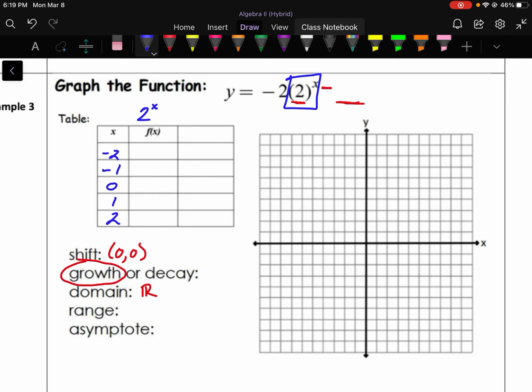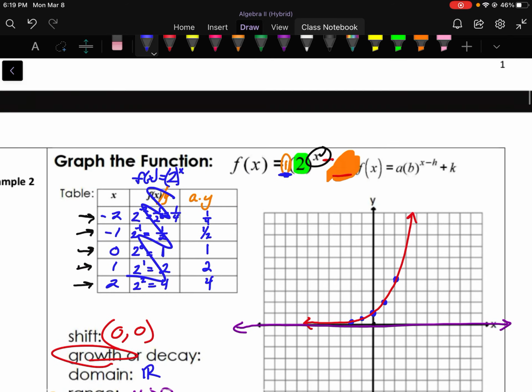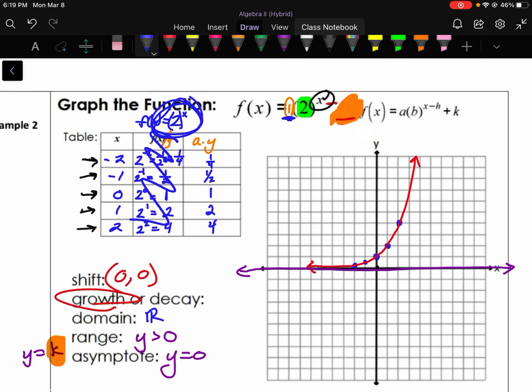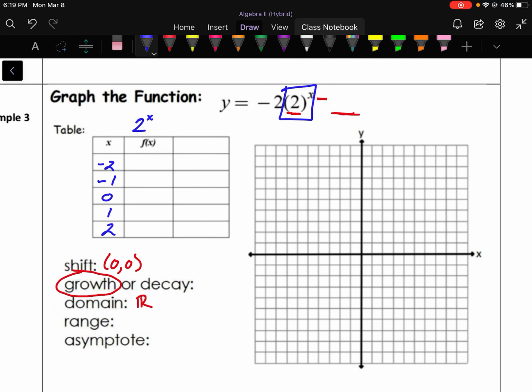You're just going to take the base, or b, raised to the exponent, and you're going to plug those 5 values into that function. So we actually did this right up here. So 2 to the -2, I'll write it one more time, is a fourth. 2 to the -1 is a half. 2 to the 0 is 1, 2 to the first is 2, and 2 to the second is 4.